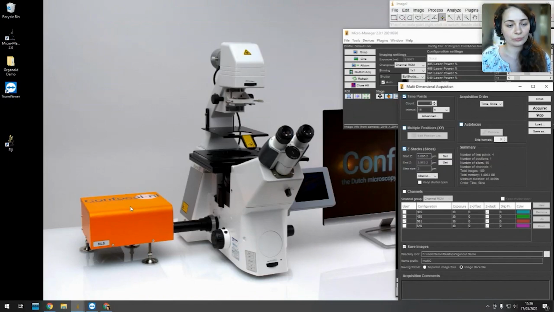The reason is that we use a highly sensitive camera as a detector, which allows us to use lower laser power for imaging. That's why we can do very long-term imaging with NL5. Compared to a standard confocal microscope, it has higher sensitivity and gives high resolution as well.